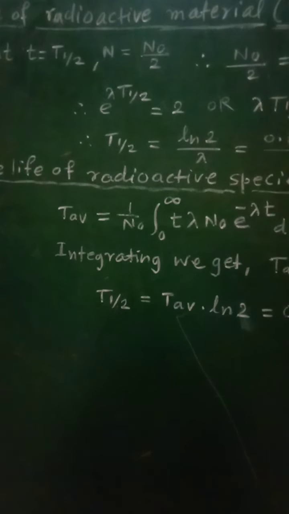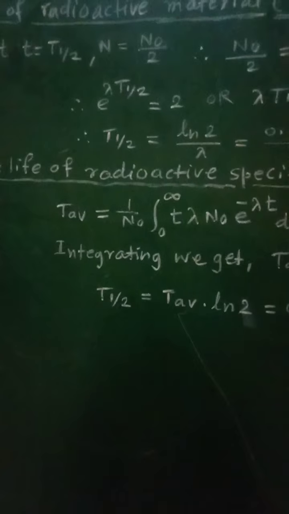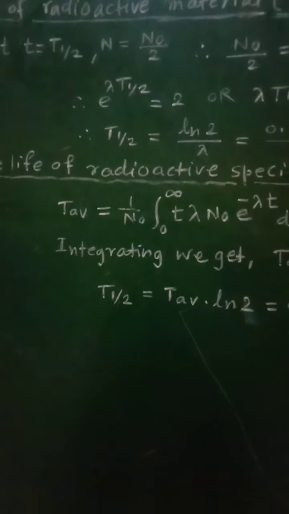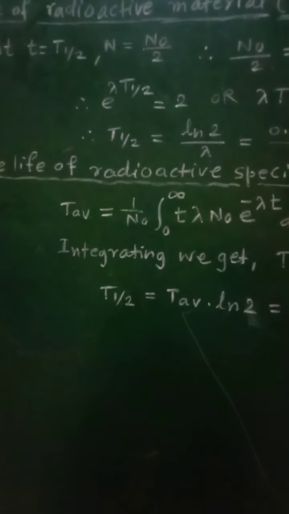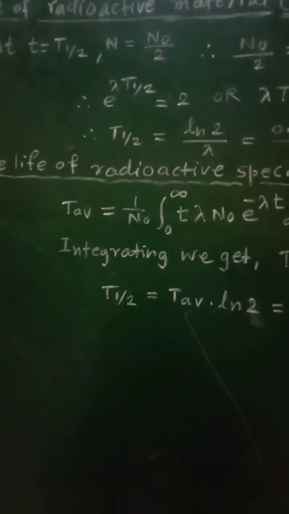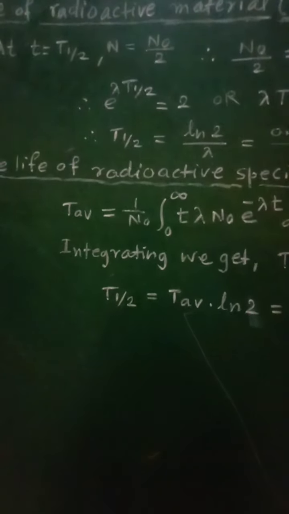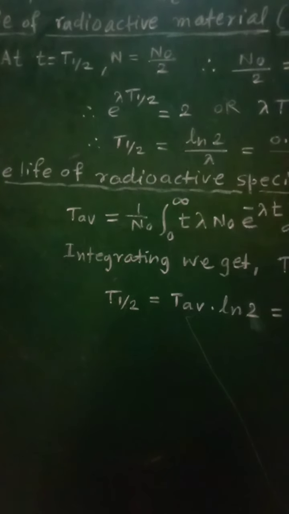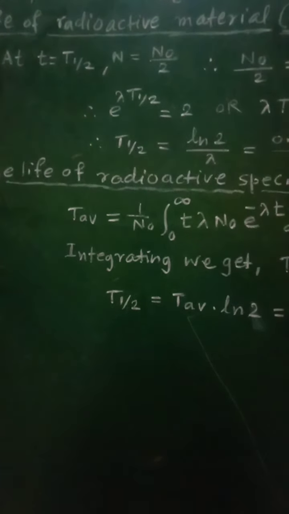Now consider the number of nuclei decaying between time intervals t and t plus dt. The number of nuclei undergoing decay between time t and t plus dt is given by the formula lambda n0 into e raised to minus lambda t into dt.